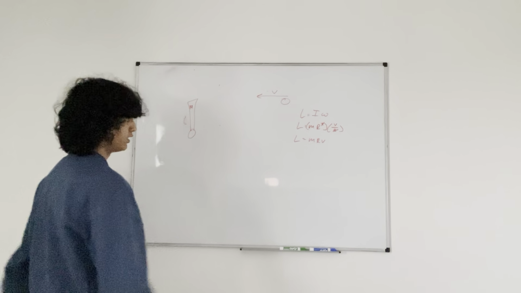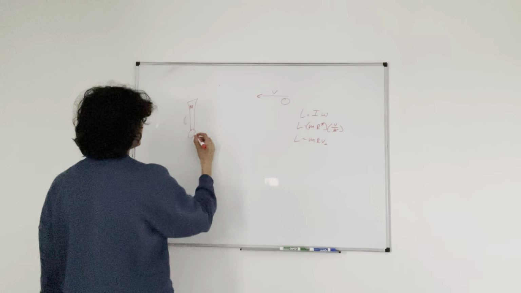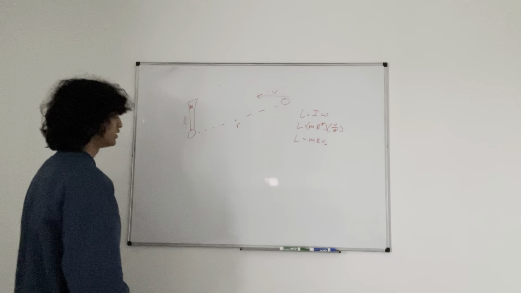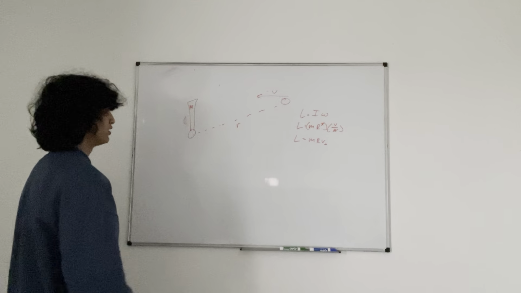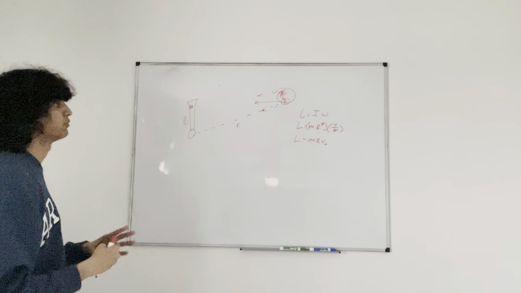You also have to keep in mind it's going to be the perpendicular component. So if you have this distance as r, then this v is not all contributing to it, because there's going to be a perpendicular component. If we draw this better, there's that perpendicular component and that parallel component. The perpendicular component is what contributes to the angular momentum.